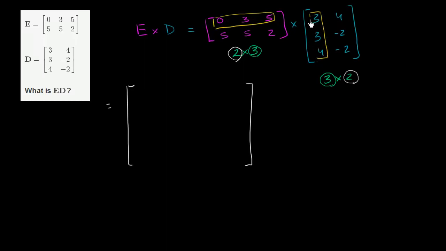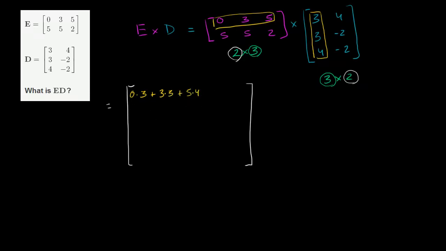If you viewed them each as vectors and you're familiar with the dot product, we're essentially going to take the dot product of that and that. And if you have no idea what that is, I'm about to show you. This entry is going to be 0 times 3, plus 3 times 3, plus 5 times 4.